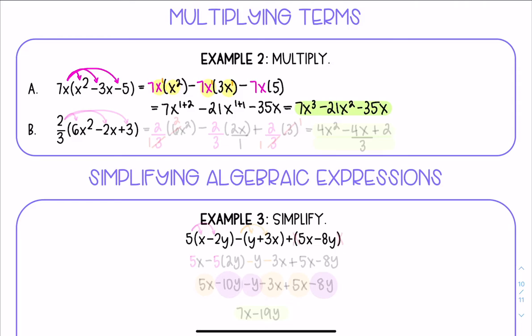What about the second one? We've got 2/3 times 6x squared minus 2x plus 3. So everything is going to get multiplied by 2/3. So we've got 2/3 times 6x squared. We've got 2/3 times 2x, and we've got 2/3 times 3.